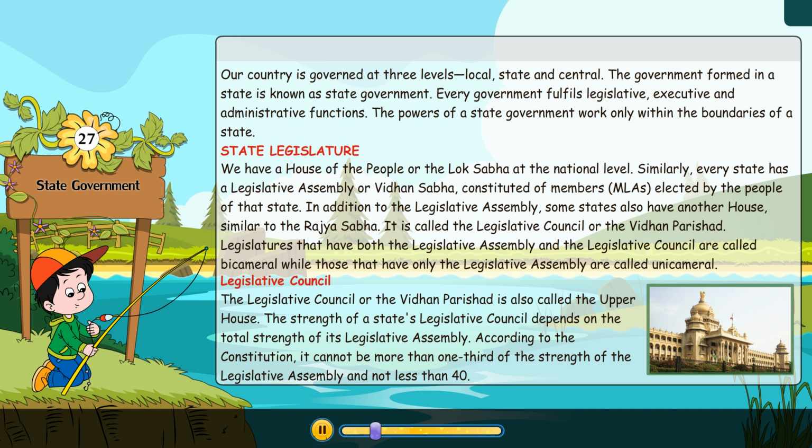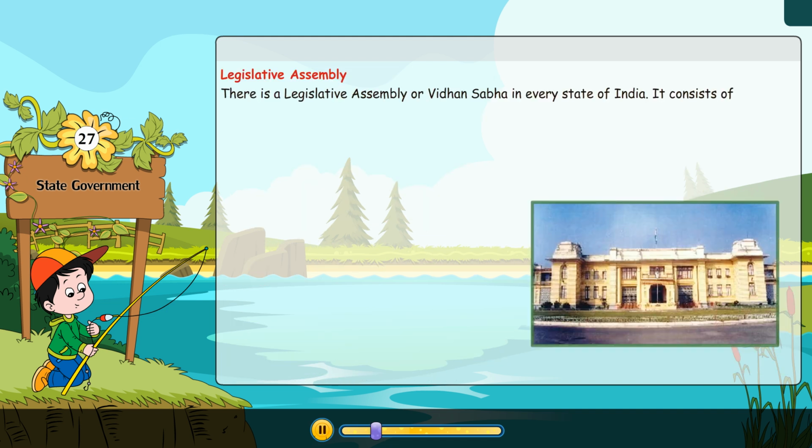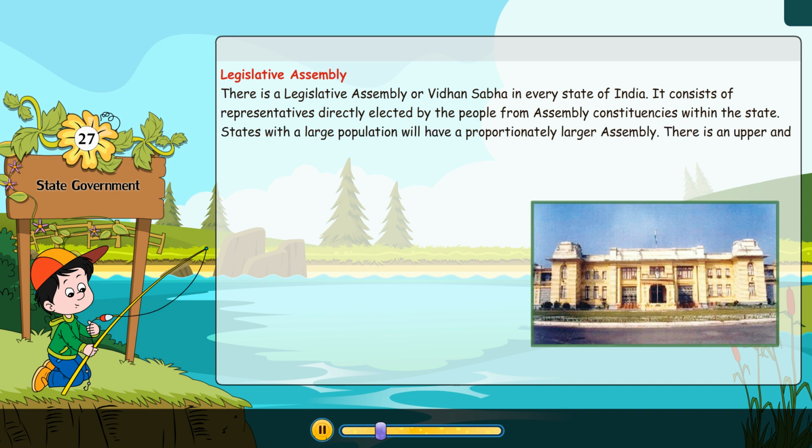Legislative Assembly. There is a Legislative Assembly, or Vidhan Sabha, in every state of India. It consists of representatives directly elected by the people from assembly constituencies within the state. States with a large population will have a proportionally larger assembly.